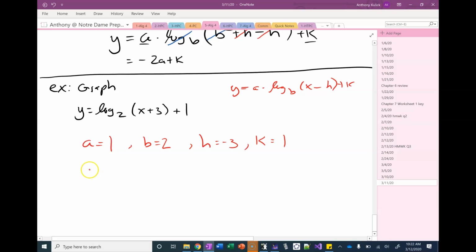Okay. So the vertical asymptote in this situation is x equals what? Remember, it's x equals h. So in this case, that's x equals -3. What would the domain be in this situation?